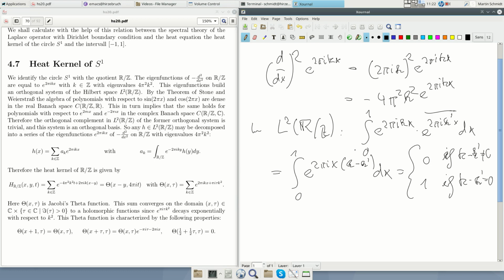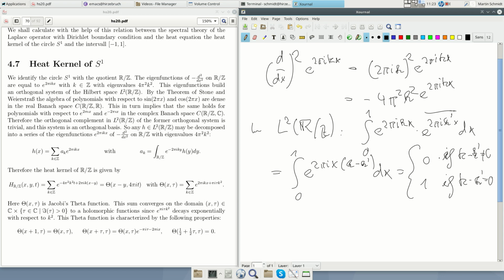If this is non-zero, then the antiderivative is just divided by 2 pi i (k minus k prime), but this function is periodic.